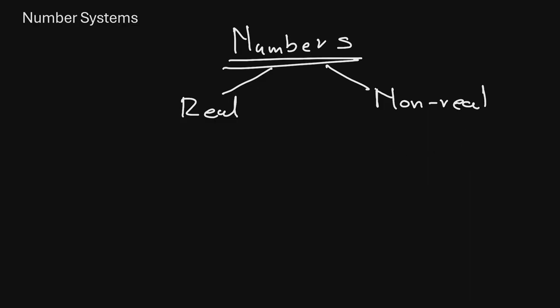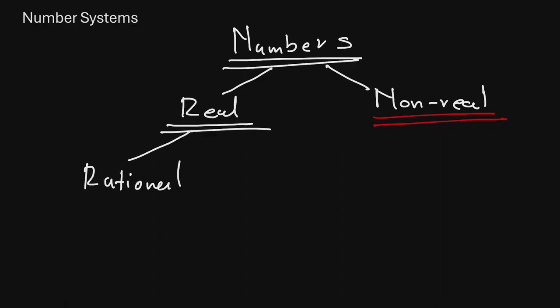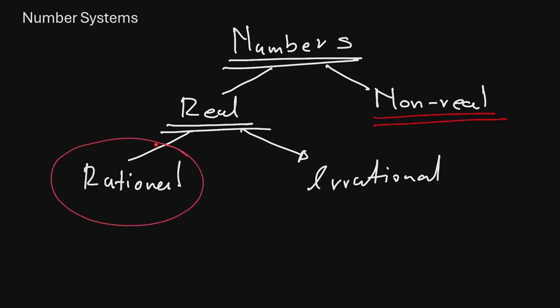So we're going to stop here with non-real numbers, but we're going to continue to explain the real numbers. Now, real numbers can also be grouped into two categories, which are rational numbers and irrational numbers. So now, what are rational numbers?